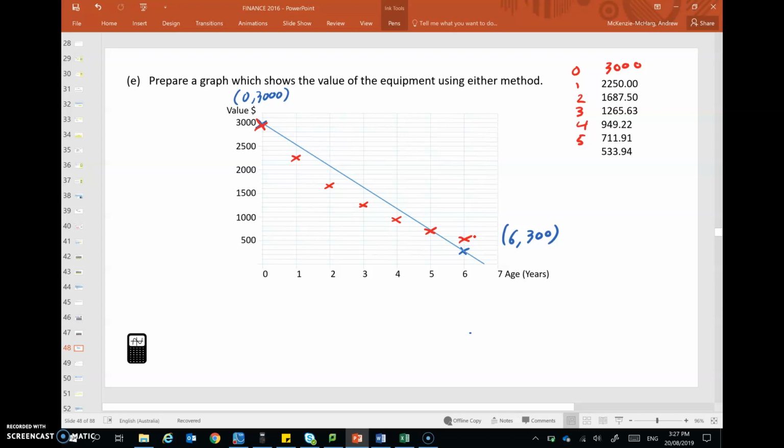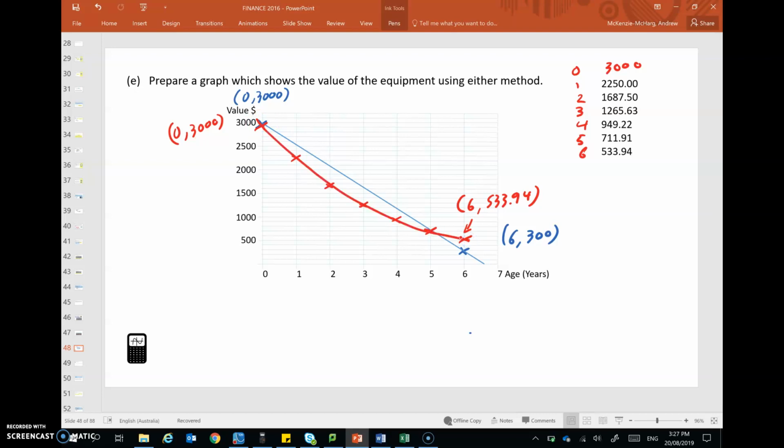Okay, so that's at year 6. So for 6 and 533.94, I'll just mark in that coordinate point as well for that last one. It's always good to put some coordinate points in, and I'll put the first one, 0 and 3,000, up there. Now what we want to do is put a curve through all of those.